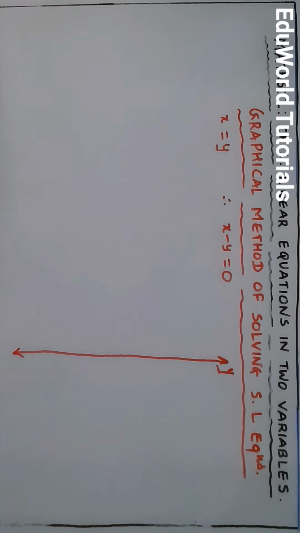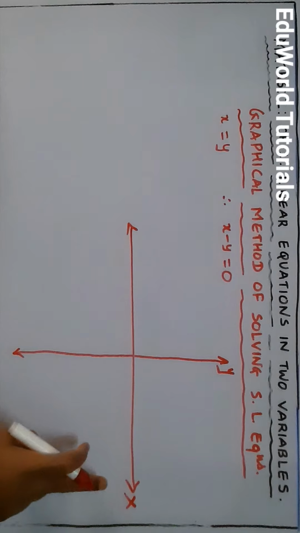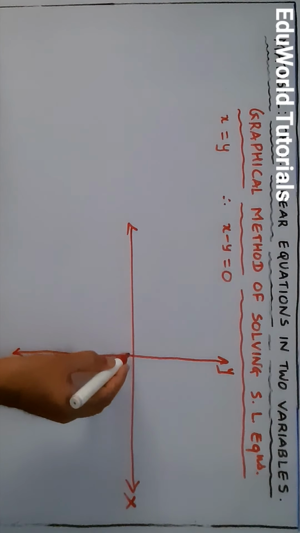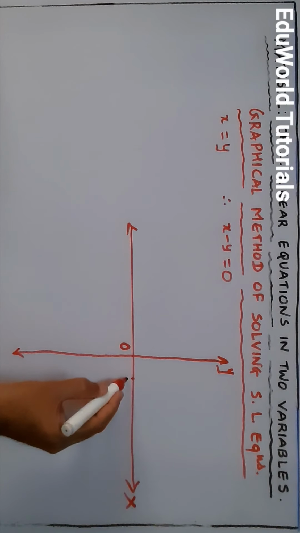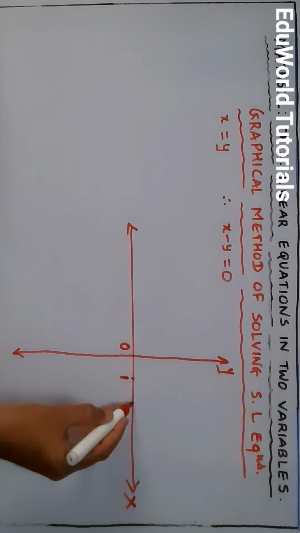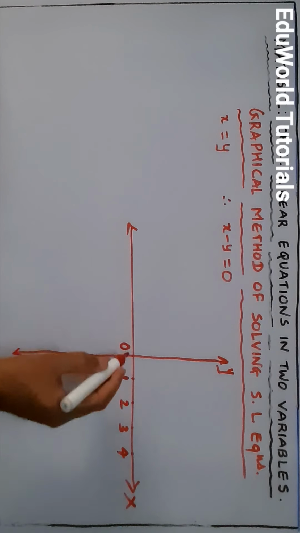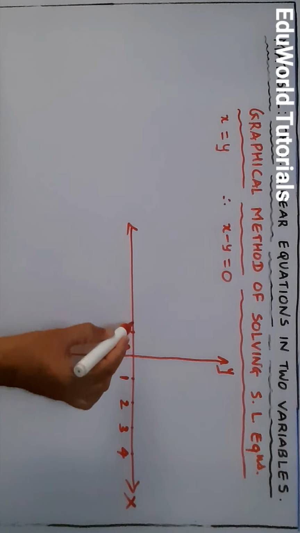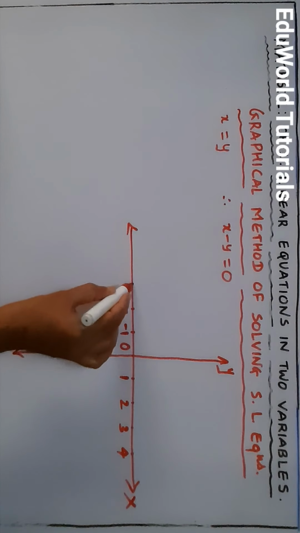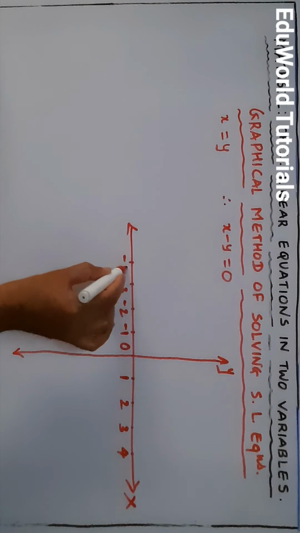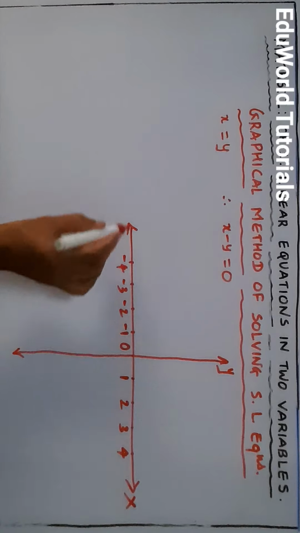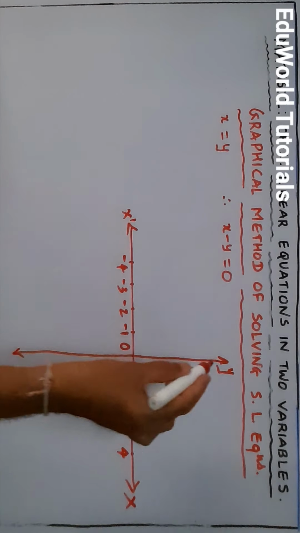This is the vertical y-axis. This is the horizontal x-axis. The point of intersection is called the origin. We denote it as 0, 0. We take numbers 1, 2, 3, 4. This is the positive direction of the x-axis. Negative numbers -1, -2, -3, -4, the negative direction of the x-axis. x, x dash, y, y dash.